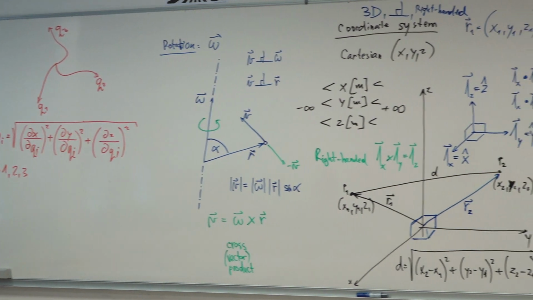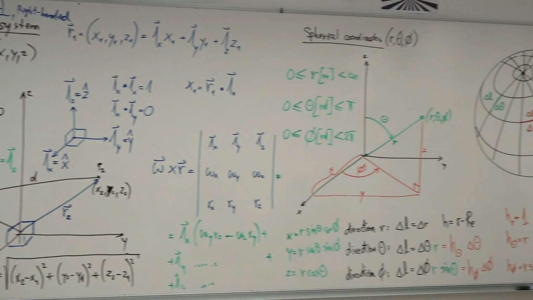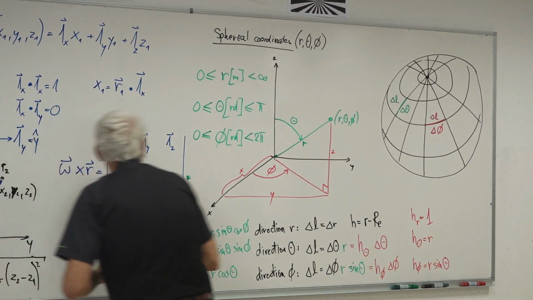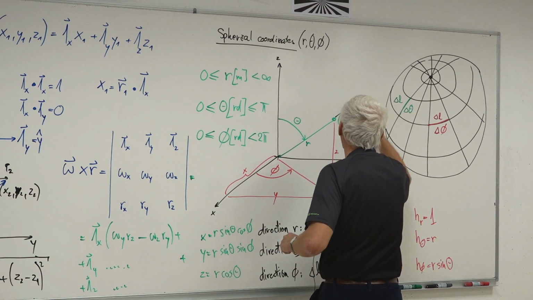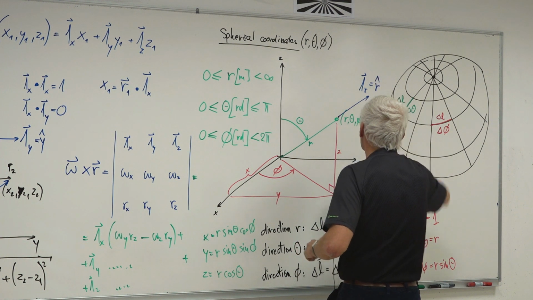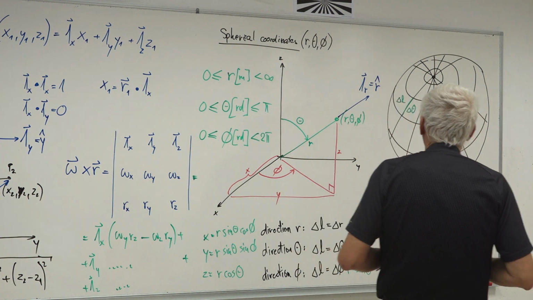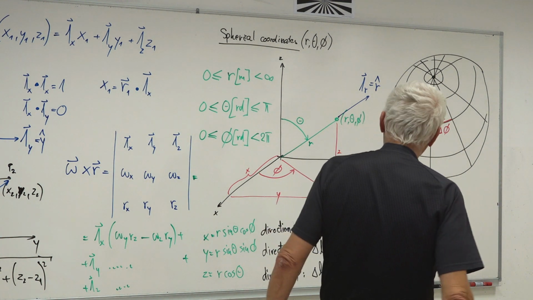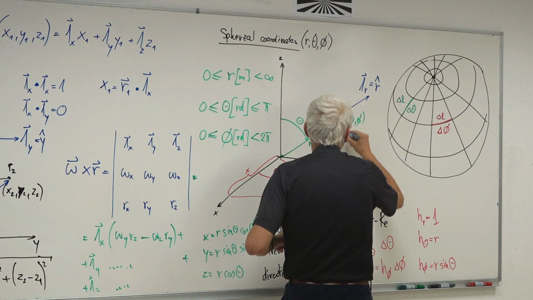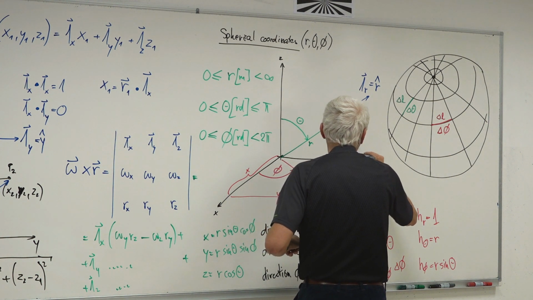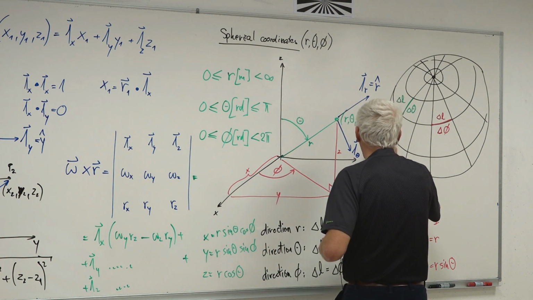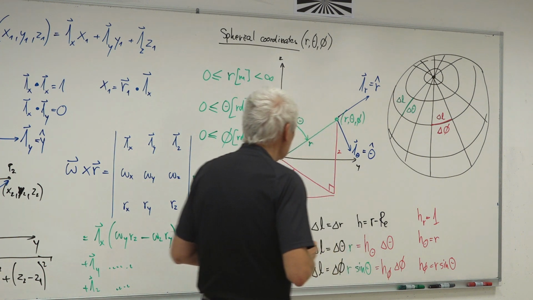What are the unit vectors in the spherical coordinate system? We still have to do this. The unit vectors. The unit vector 1r, or r hat in American literature, points out of the origin towards infinity, so in the direction of the distance r. 1 theta points in the direction of increasing theta, so this is theta hat with the American notation.